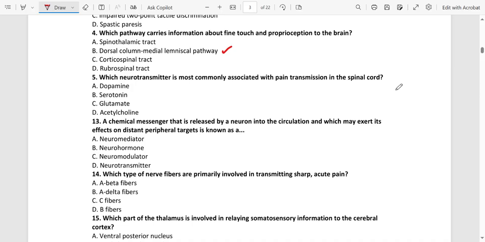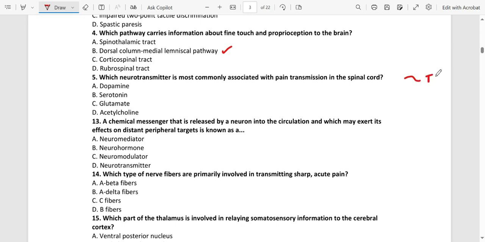Okay, so when you look at the ascending pathways, it's important for you to understand this also. You have the two main ascending pathways: the spinothalamic, also known as the anterolateral, and the dorsal column. For the dorsal column, you have two: the fasciculus cuneatus and the fasciculus gracilis, depending on which part of the body you're talking about.